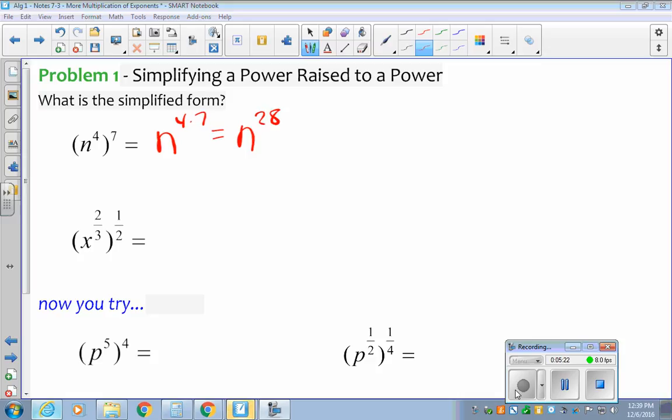The same applies when you have fractions. It doesn't matter what your powers are, the rule applies to them. So x to the 2/3 times 1/2. 2 goes into 2 once, 2 goes into 2 once, and it's x to the 1/3.